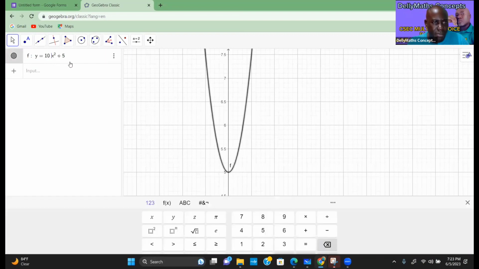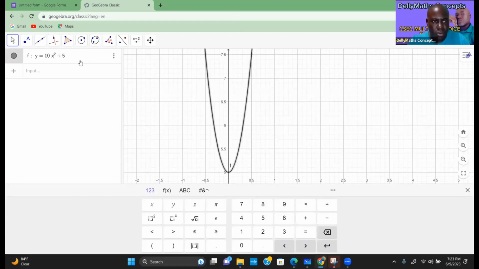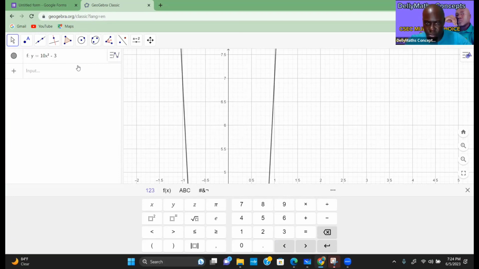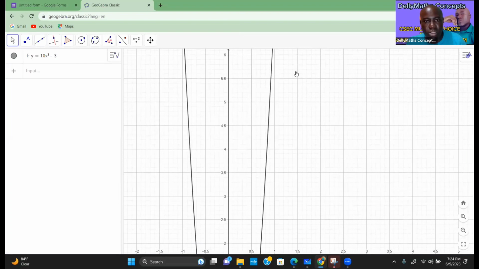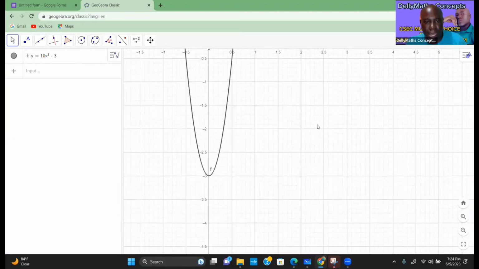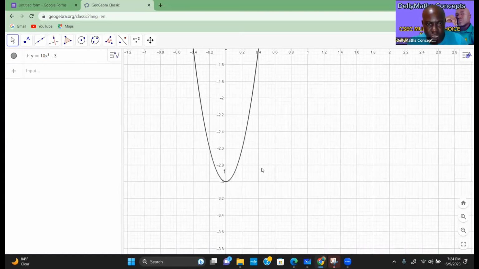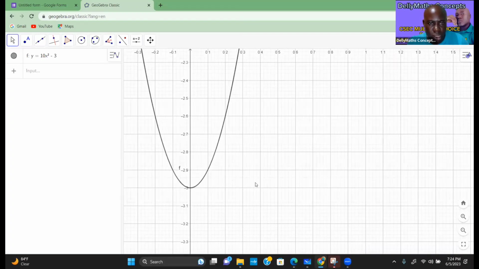If I take this number at the back, which is the last term, and I put -3, it is still going to be on the y-axis because there's no middle term, and it's going to go down to -3. Check it out. It has gone down to -3, but it is still on the y-axis.